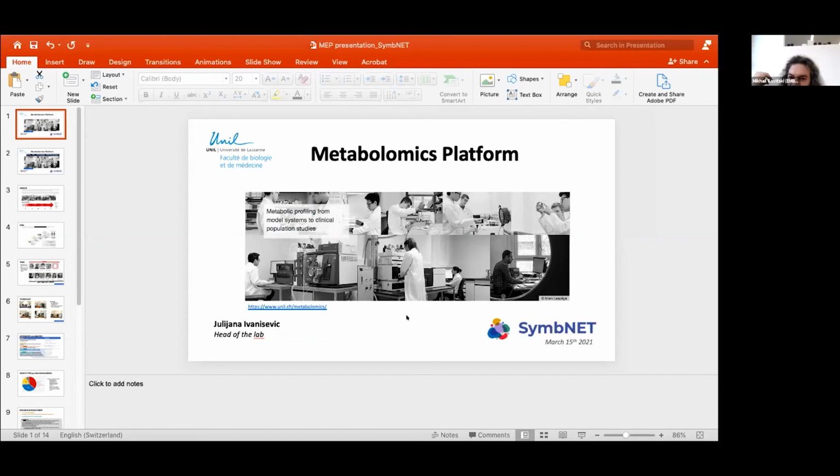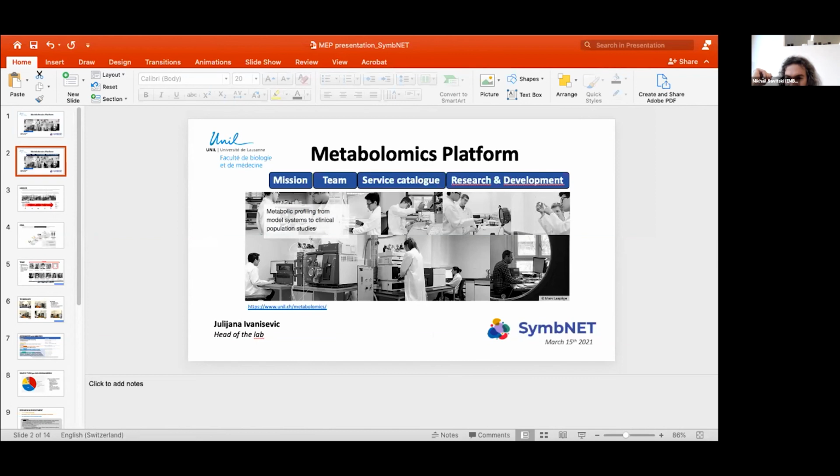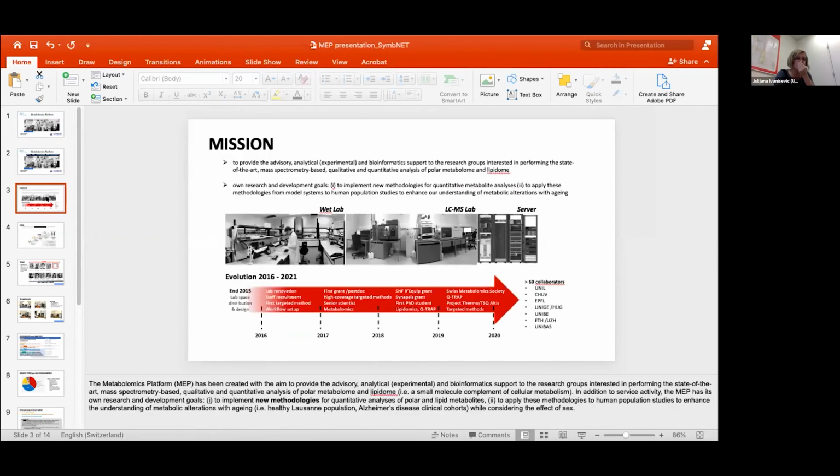Then there's a question, what about feces? Is it harder to extract metabolites? In the context of the Lausanne population, we are starting now to analyze feces samples.